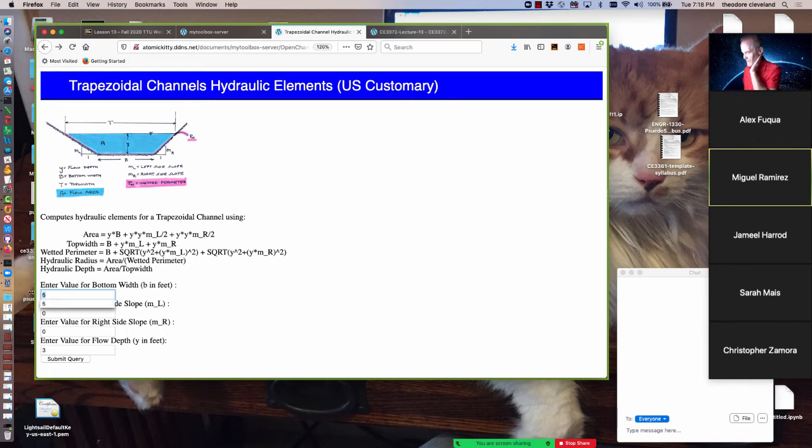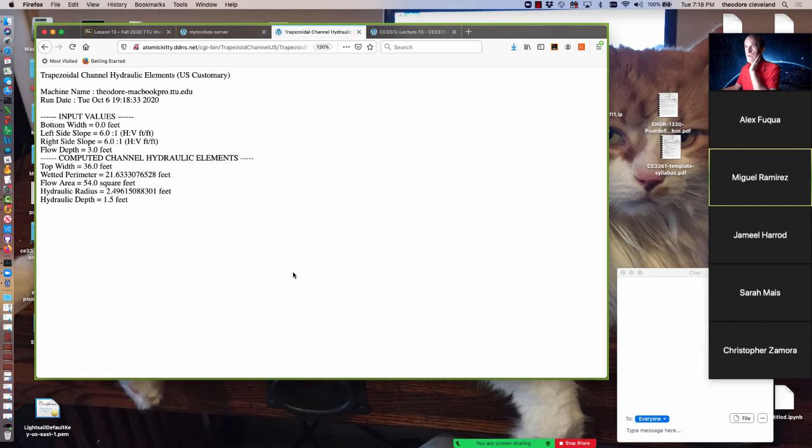And then on the off chance we have a true triangle, let's just do a 6-to-1 triangle. Make the bottom width 0. It's moving that point and that point together, and so what's left is a triangle. And top width of 36 feet, wetted perimeter 21 feet, flow area 54 feet, hydraulic radius 2.5 feet.